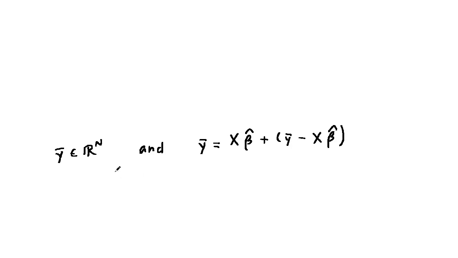Since y lies in R^n and y equals this, with X beta hat in the column space of X, the second vector, y minus X beta hat, must lie in the orthogonal complement of the column space of X.